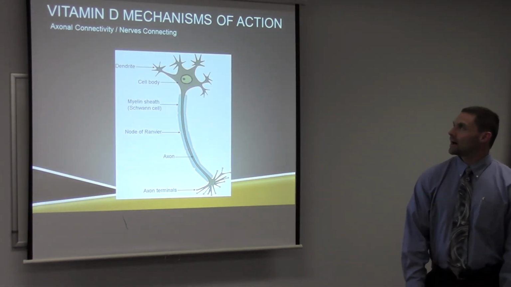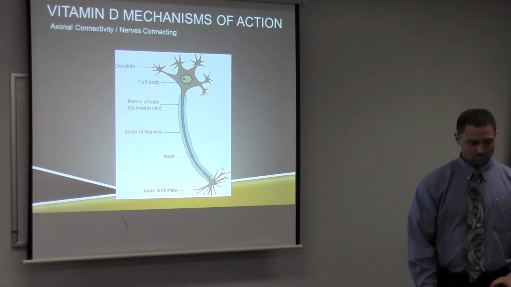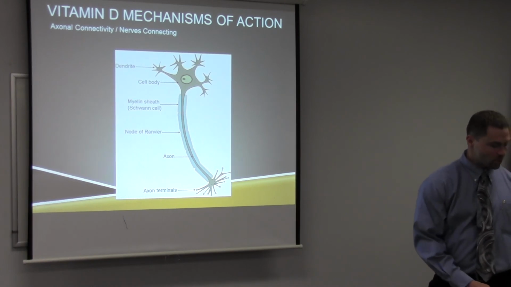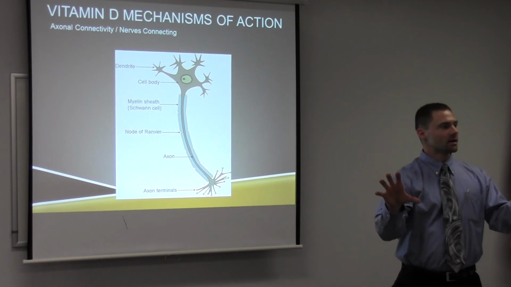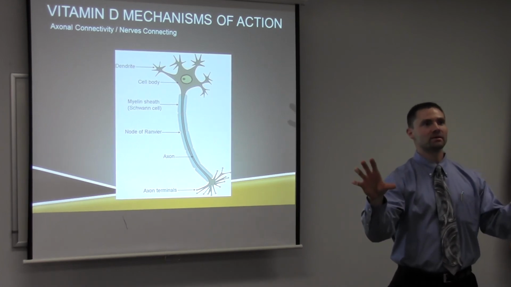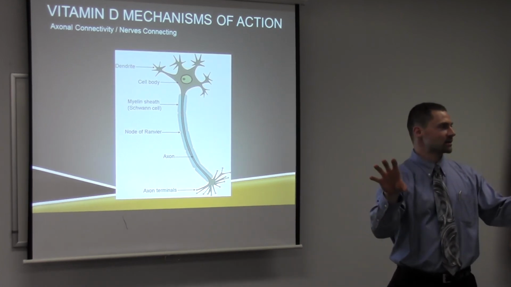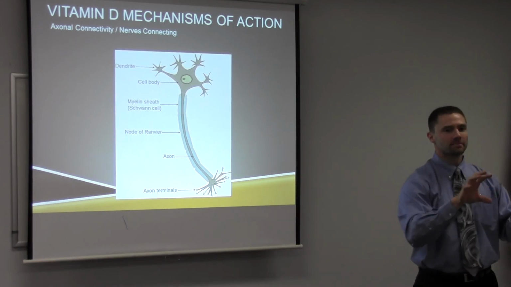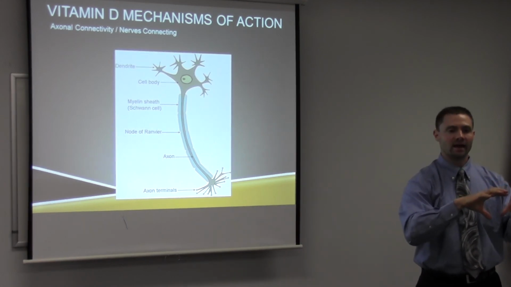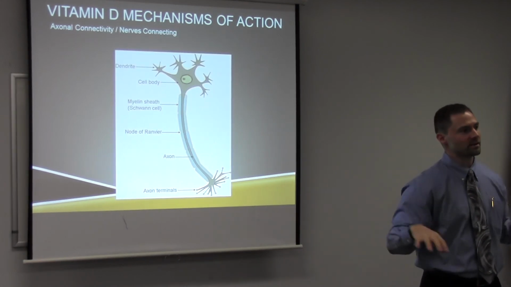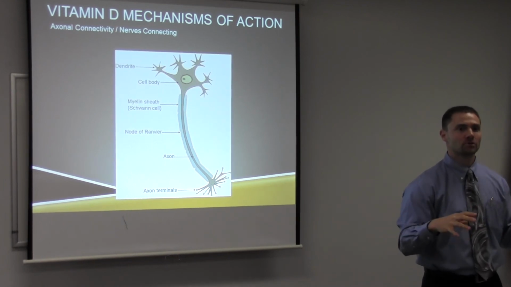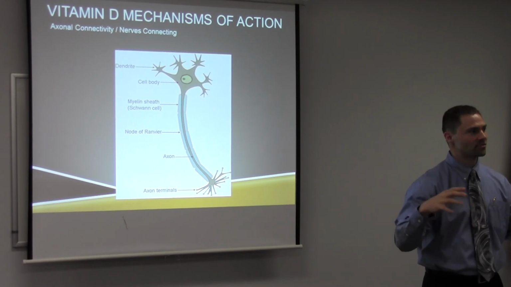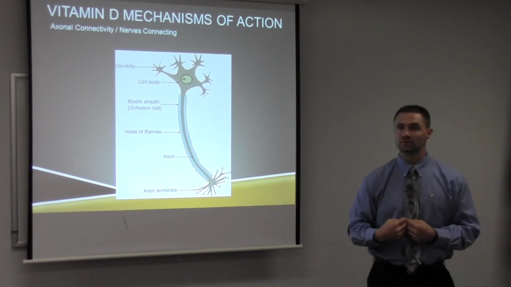The next one we talked about, this axonal connectivity. So if you have one neuron here and another neuron over here, these two can't act independent of each other. They have to be able to interconnect and communicate. Think about it as having a network of friends, and you're trying to achieve something, right? You guys are more effective as a group than you are singularly.